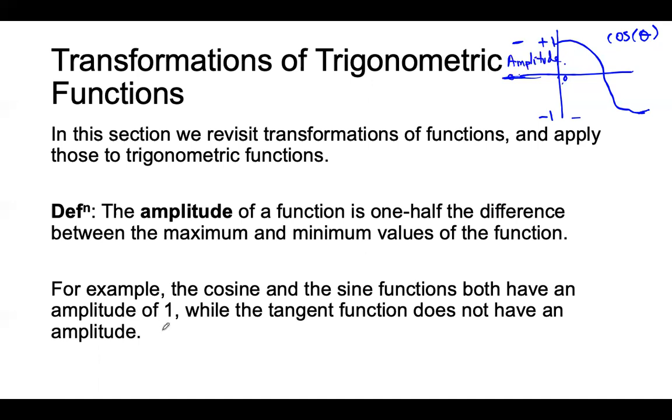So the amplitude of the cosine function or the sine function is therefore 1. You can see that from the 0 point to 1 or 0 to -1, that difference is 1. Or by this definition, it's 1/2 the difference between the max, which is 1, and the minimum, which is -1. That difference is 2 divided by 2. So it's the same kind of definition.